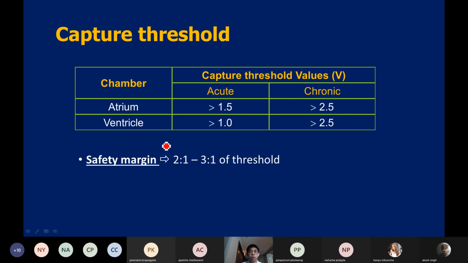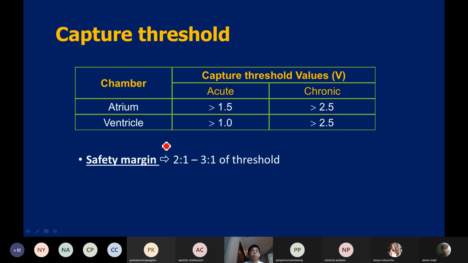The safety margin of the threshold, if you program the pacemaker, should be around 2:1 or 3:1. For example, if you have a pacing threshold of the ventricle at 0.8, for the safety of the patient, you should program the pacemaker to pace at more than 1.6 volt to gain the safety margin.